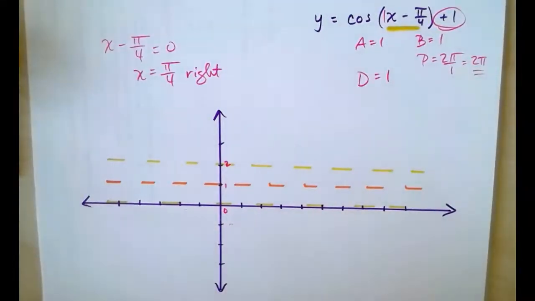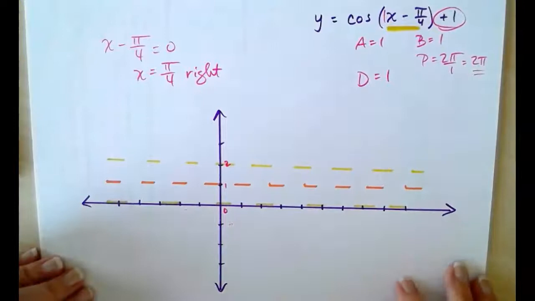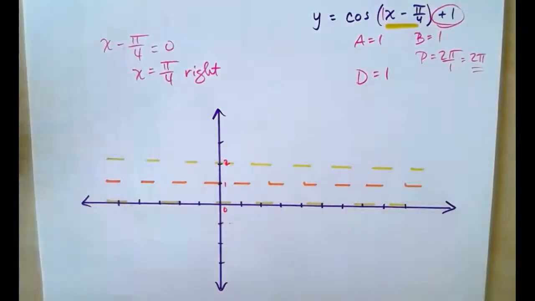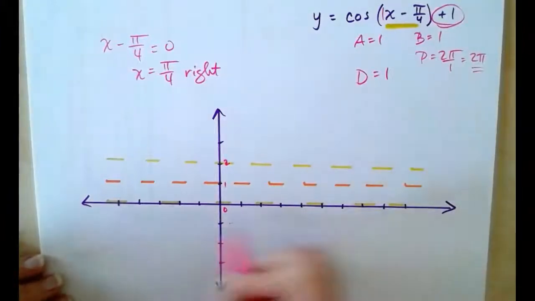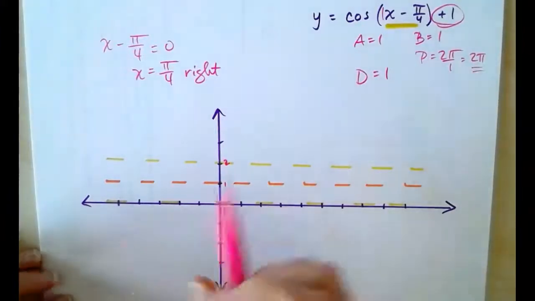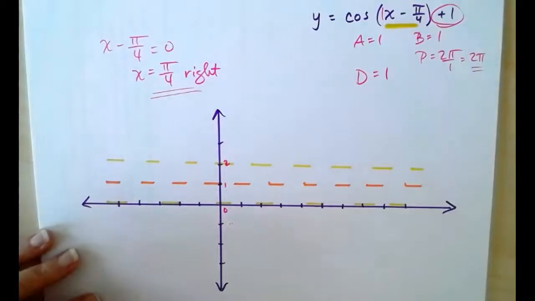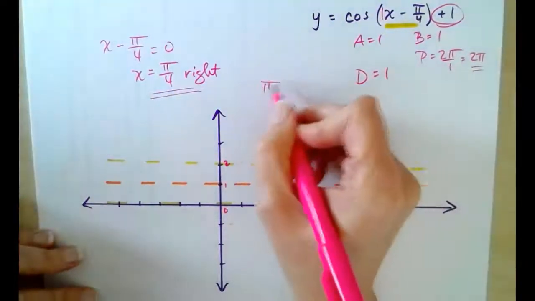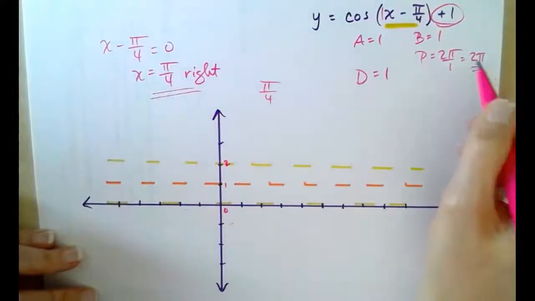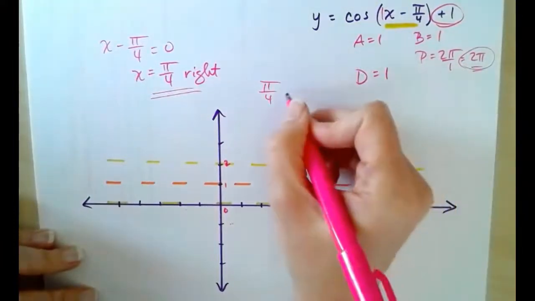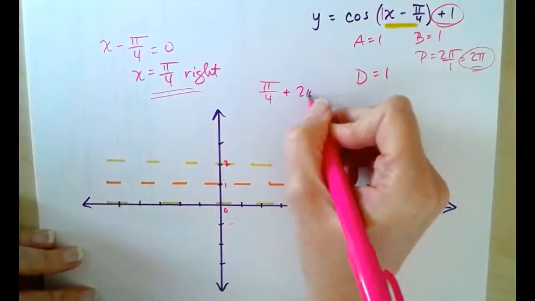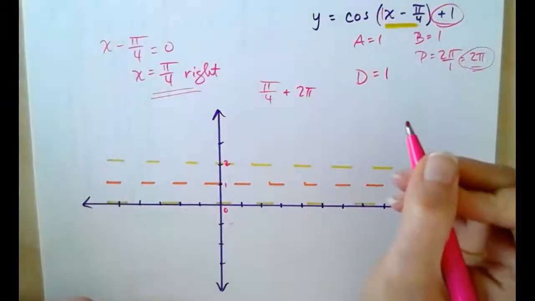So now that we've got our auxiliary lines set up for our max values and our min values, we need to look at our scale on our x-axis. Remember, our phase shift is pi over 4 units to the right. So we're going to start at pi over 4, and if our period is 2 pi, we need to add 2 pi to pi over 4.